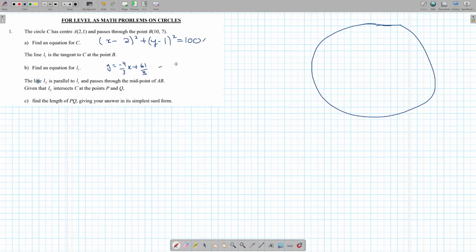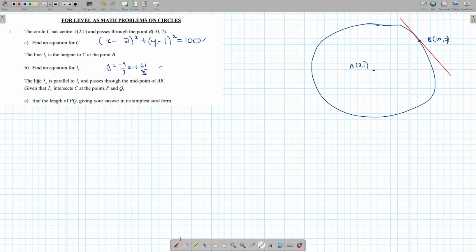These are our two answers for A and B. So now, let's draw it. The center A is at (2, 1), and then you have B, which is at (10, 7), approximately here. If you draw the tangent line over there, it looks like this.